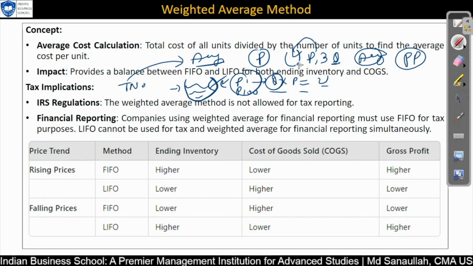That will also come in your lecture further. There are different methods. We cannot wait for the entire year, with all the purchases and all the quantity considered, to get the average value, so we have to apply this kind of cost.